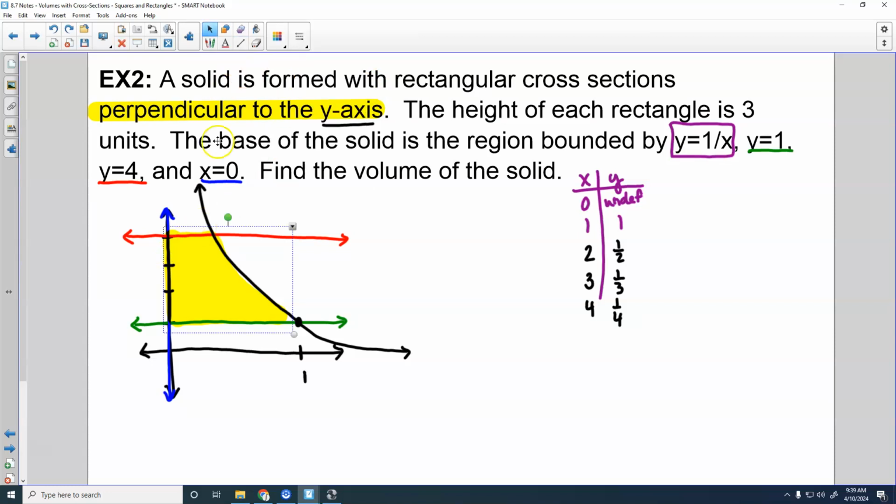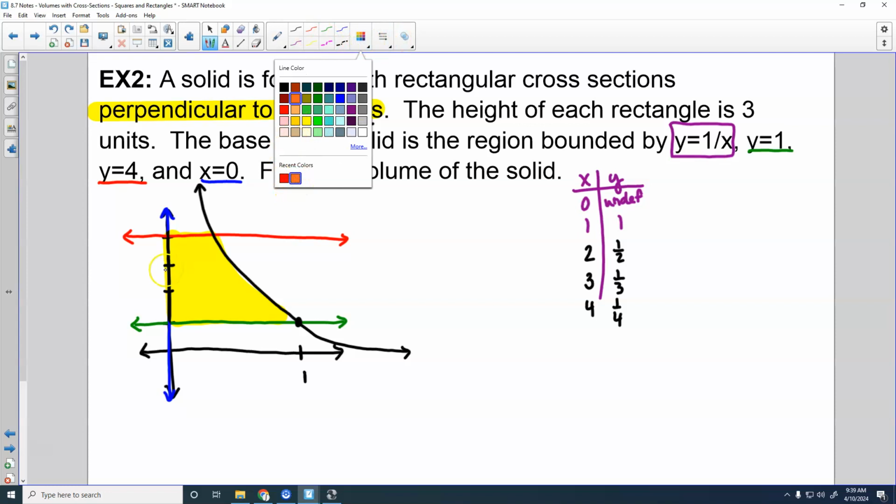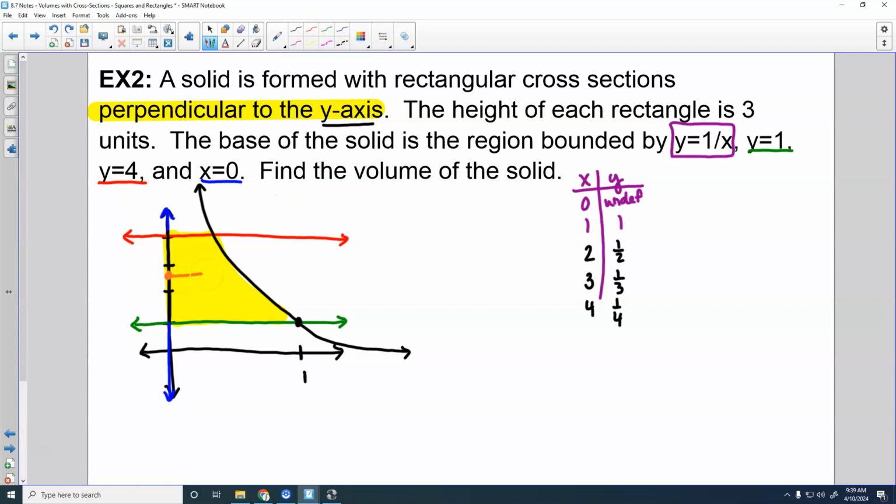Let's say I'm going to draw in one of our cross sections. We would be going across right here, and then we'd be building a square that pops up off of the graph like that. So this would be our S. Since that is a horizontal line right there, I've got to think furthest right minus the furthest left for that one.